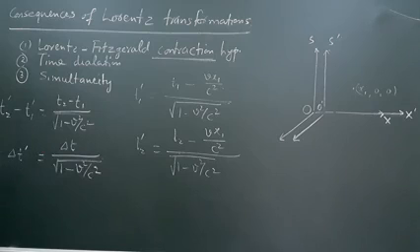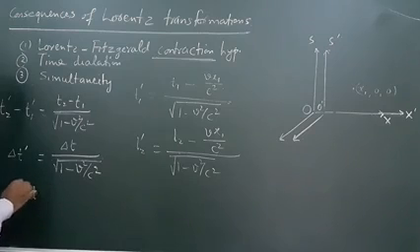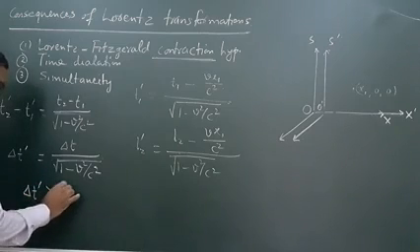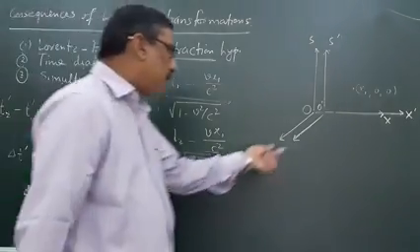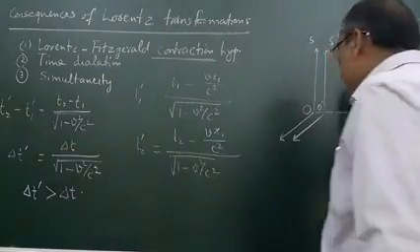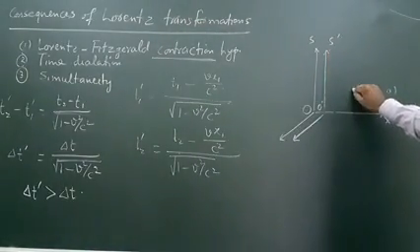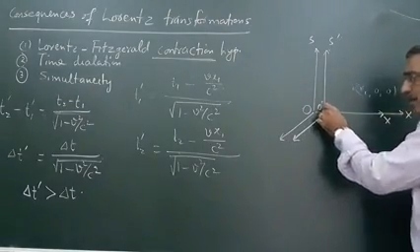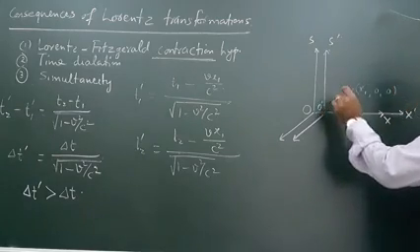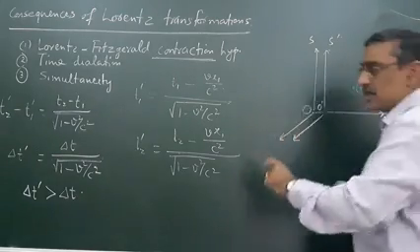So from here we find that delta T dash is greater than delta T, means the time noted by the observer in the first frame observing the two events at that point always appears to be less than the time noted by the second observer in the second frame.